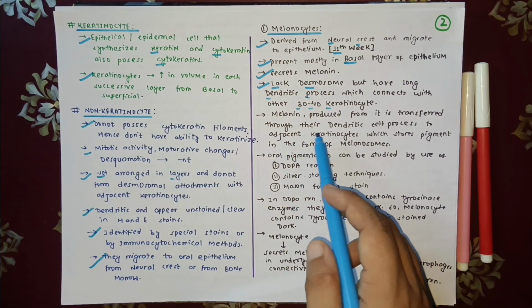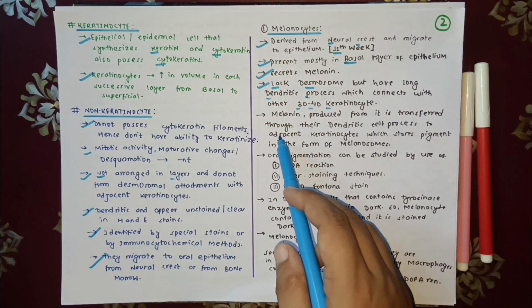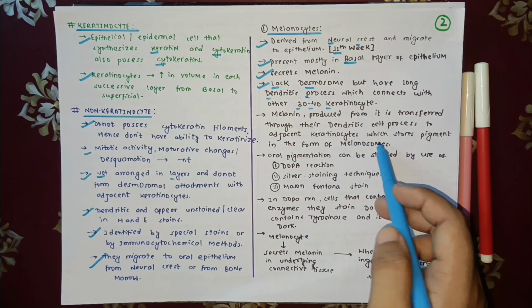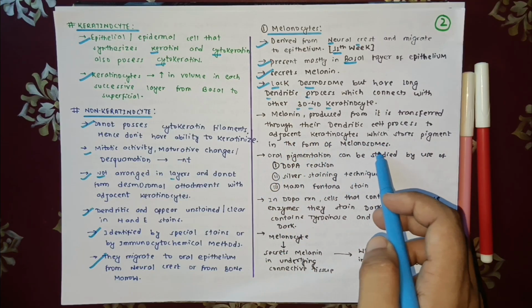After that, the melanin produced is transferred through the dendritic process to the adjacent keratinocyte, which stores the pigment in the form of melanosomes.